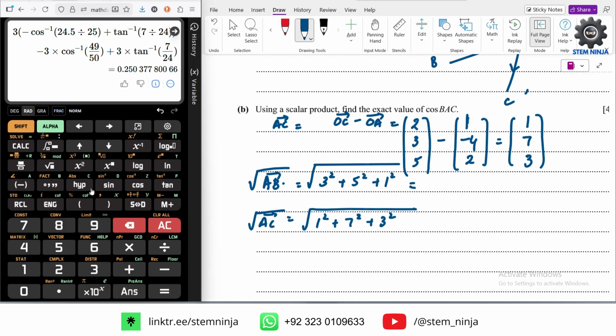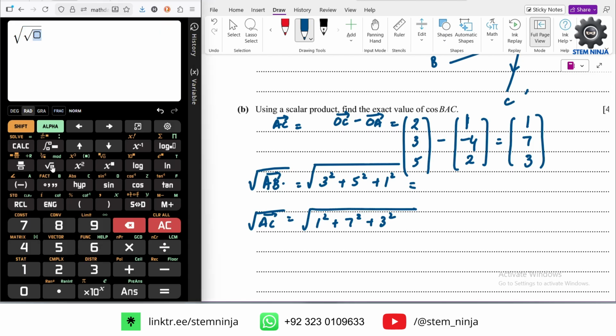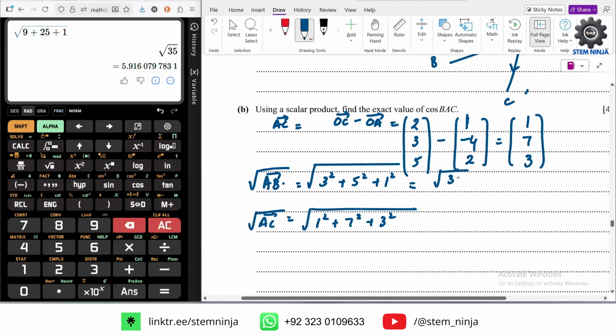So 9 plus 25 plus 1, this is root 35, and this is 1 plus 49 plus 9, this is root 59.